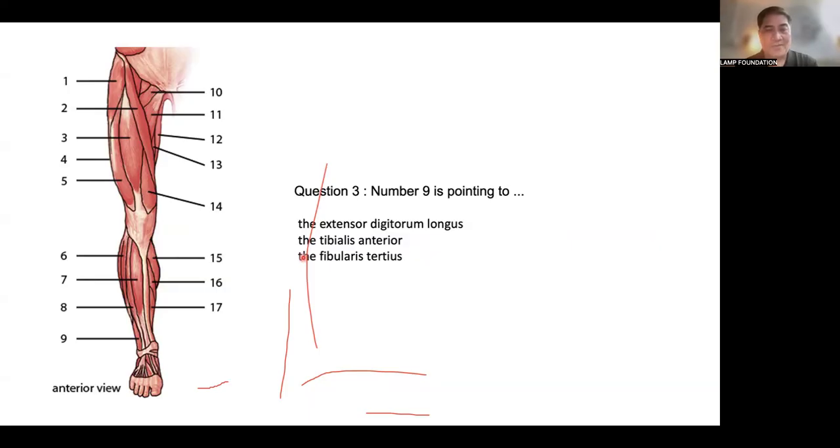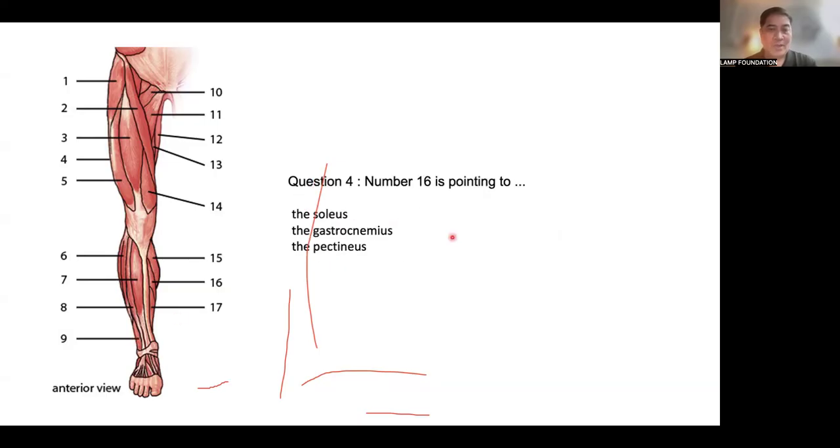Number 9 is pointing to fibularis tertius. Number 16 is the soleus.